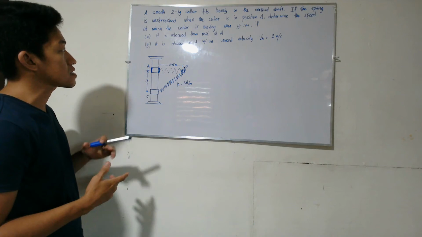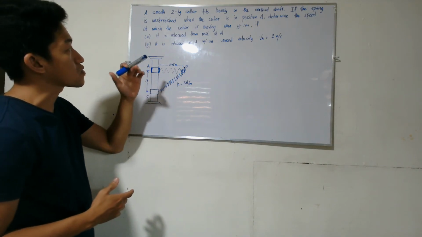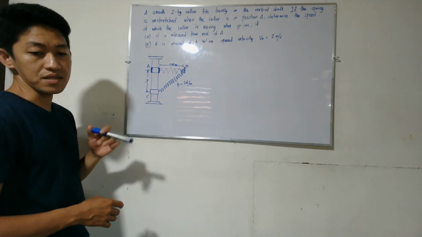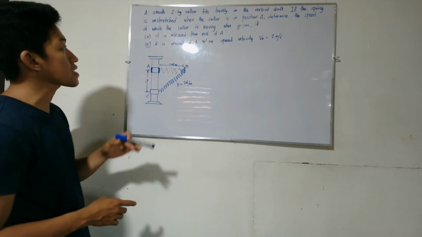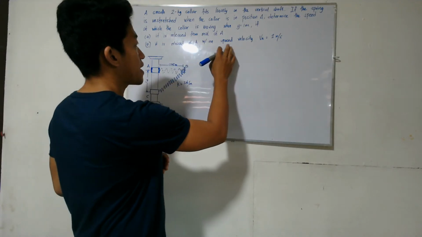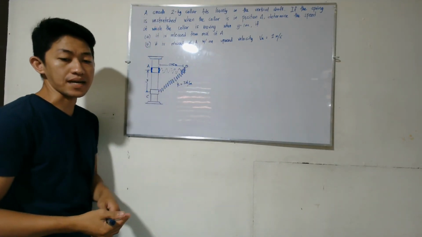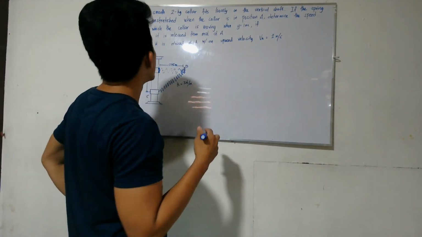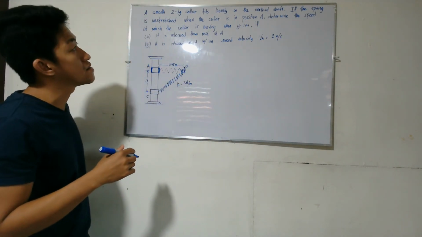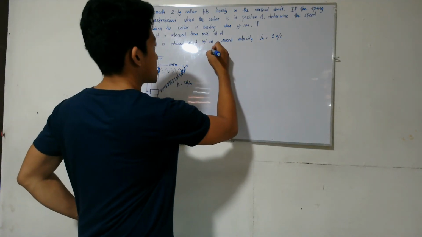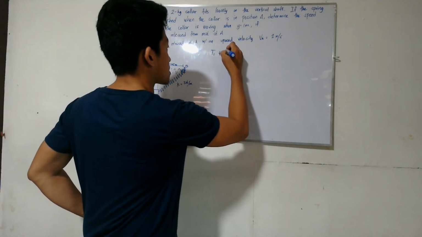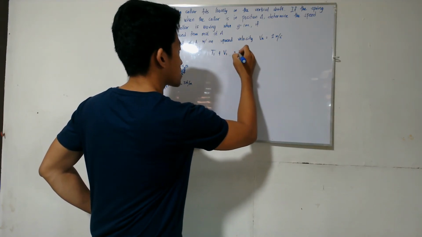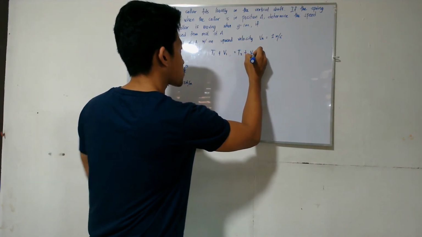First, the collar is released at A with 0 velocity, and second, when it is released with an upward velocity of 2 meters per second. Okay, so let's answer the first scenario by applying the conservation of energy. So T1 plus V1 is equal to T2 plus V2.